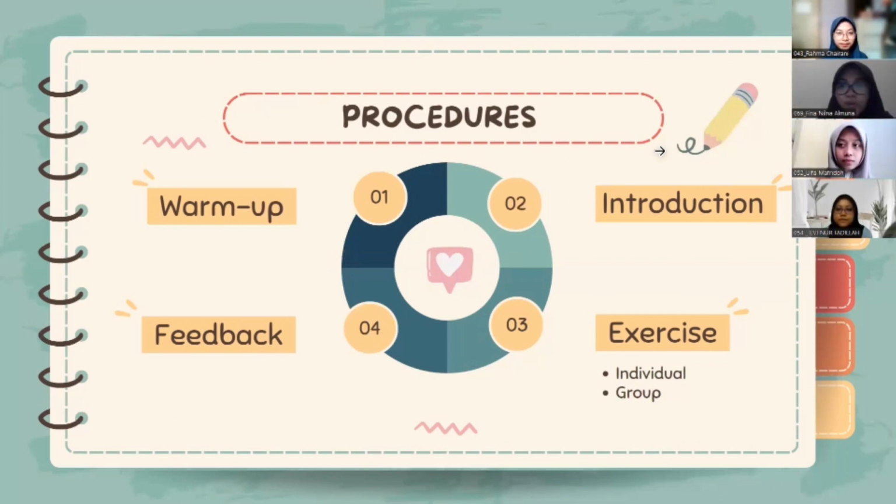Okay, thank you, Effie. I will explain the third procedure, which is exercise. In individual exercise, after the teacher delivers the material, students will be asked about the material that still confuses them.